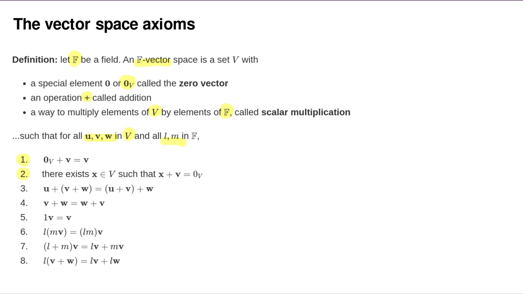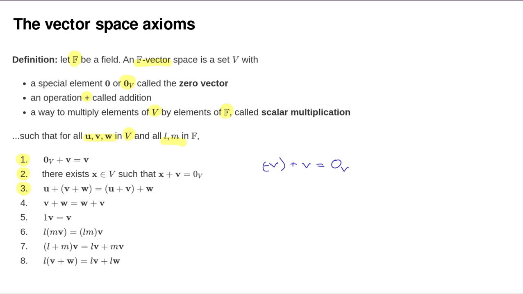Secondly, the second axiom is about additive inverses. It says that for every v in V, there exists an x in V, such that when you add x to v, you get the zero vector. So we often use a notation like minus v for this element x. It turns out that there's one and only one x satisfying the property detailed in axiom 2 here, so we often call that element minus v.